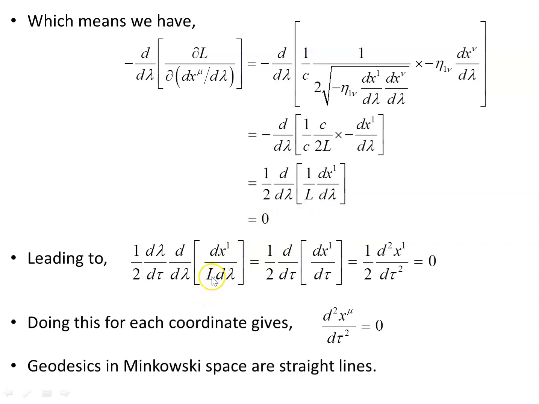Well, we saw before that L dλ on the previous slide was equal to dτ. So we have 1/2 d/dτ of dx^1/dτ, and when we work through that, we have 1/2 d²x^1/dτ² equals 0. So doing this for each of the coordinates gives us this, which tells us that geodesics in Minkowski space are straight lines. The acceleration is equal to 0.